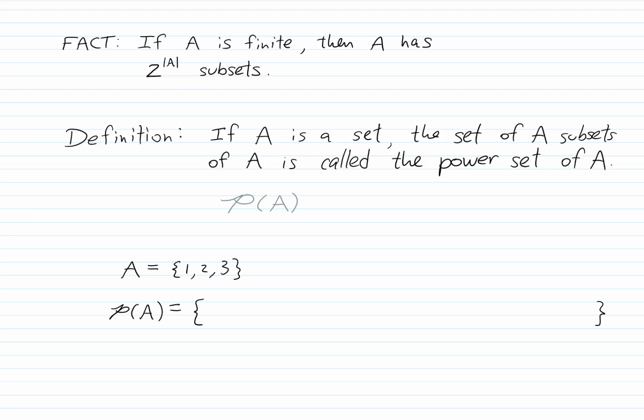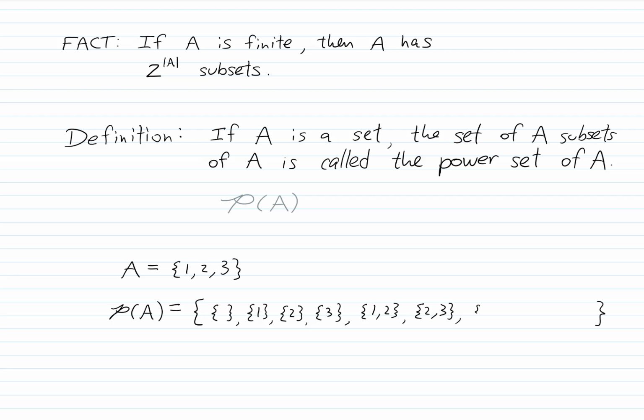There were 8 of them. There's the empty set. There's the set consisting of 1. The set consisting of 2. The set consisting of 3. Then there was the set consisting of 1 and 2. The set consisting of 2 and 3.